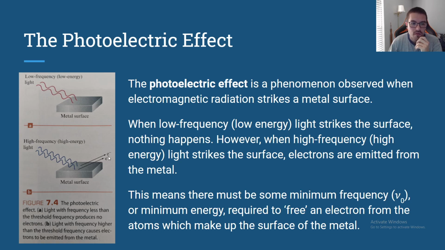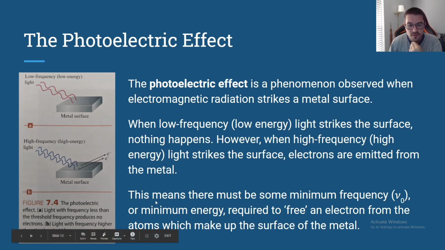They're emitted from the metal. This is an experiment that was done by, I'm sure, several scientists, most notably Albert Einstein. He spent some time looking at the photoelectric effect. And the implications of this are really interesting. You've got some low frequency light that does nothing, then you have some high frequency light that does something. It causes electrons to be emitted from the metal surface.